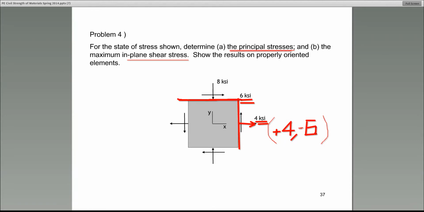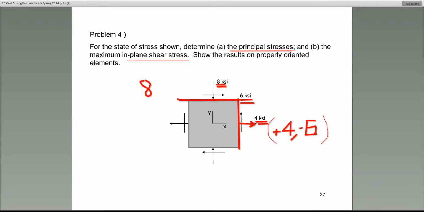Well, the point would have an x-coordinate and a y-coordinate. The x-coordinate would always be the value of the normal stress. In this case, it's an 8. So it's an 8. Now tell me, would it be positive or negative? I'll wait for you. Tell me positive or negative. Negative.